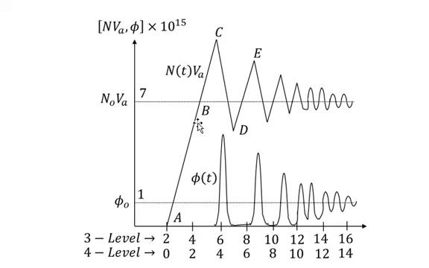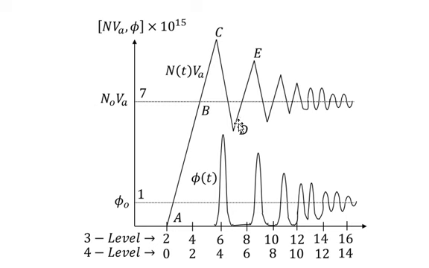So you see that we are plotting two quantities. The upper plot shows N of t times VA, and the lower plot shows the fluctuation in the number of photons, that is phi of t, as a function of time. And you know that phi naught is the threshold or steady state value of the number of photons in the cavity, and N naught times VA is also the threshold or critical value for the population inversion in the laser system.